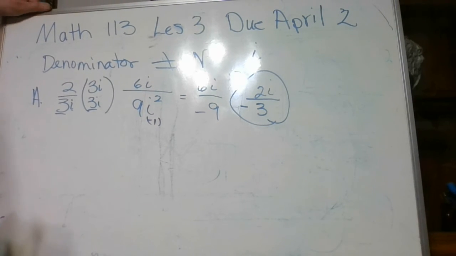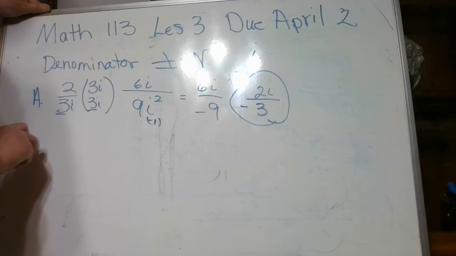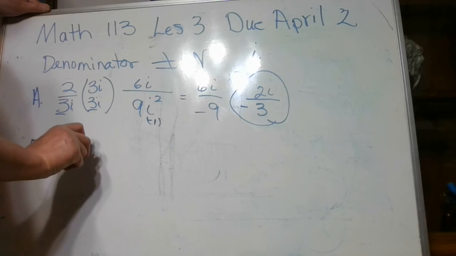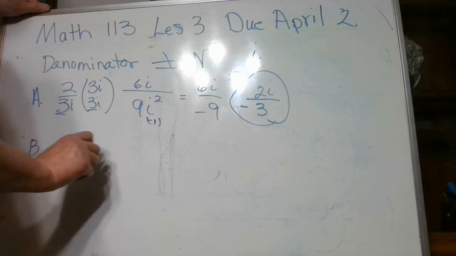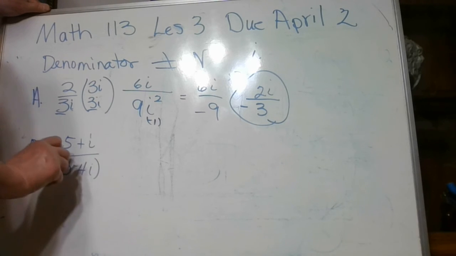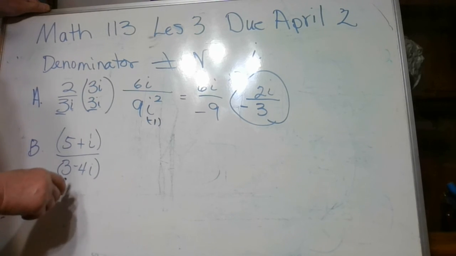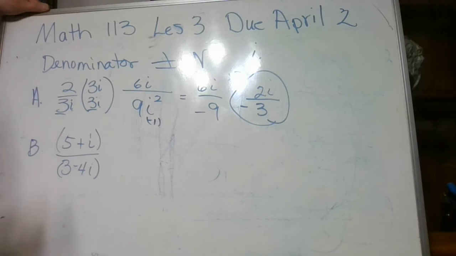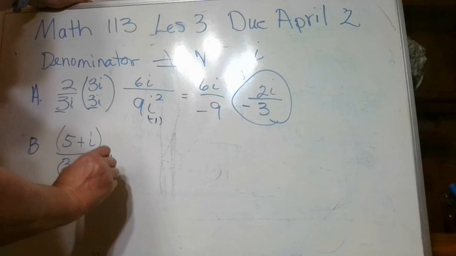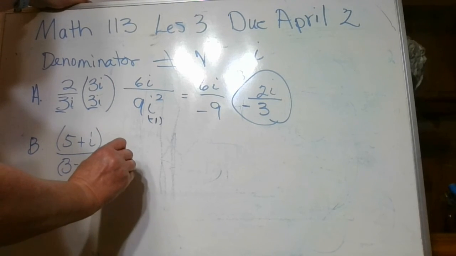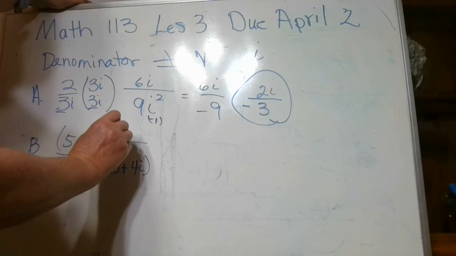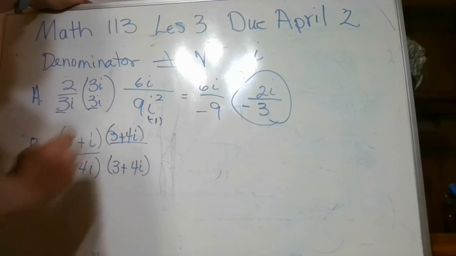And the last example, B. 5 plus i over 3 minus 4i. Here we're going to use the conjugate, which, if you remember, is the opposite sign. And so we'll have 3 plus 4i and 3 plus 4i.